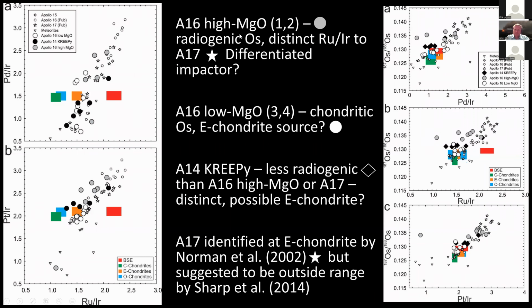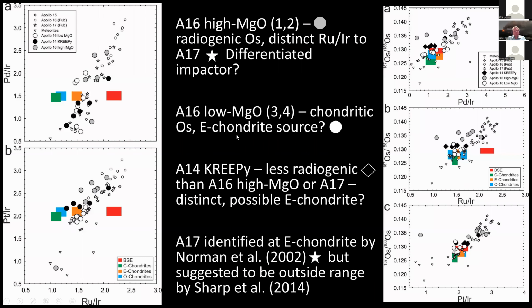Based on this, the high MgO rocks have distinct radiogenic osmium, distinct ratios of elements, for example ruthenium to iridium, and they suggest a differentiated impactor, similar potentially to some other locations and sites that have been proposed. The low MgO rocks from the Apollo 16 site have chondritic osmium, shown here, and they seem to be coming from an enstatite chondrite type source.